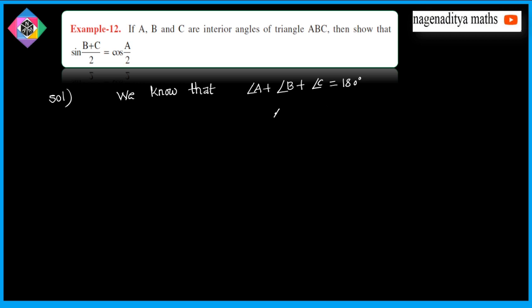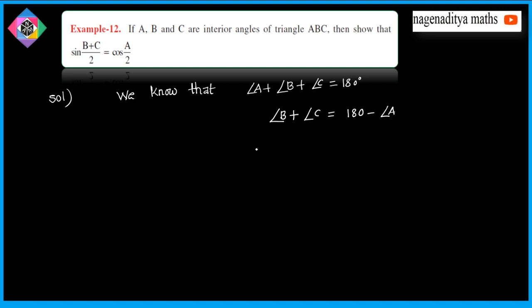So angle B plus angle C is equal to 180 minus angle A. Now taking sine ratios on both sides, similarly to how with logarithms we can take logs on both sides. So there is a particular property why we are taking the sine ratios on both sides.